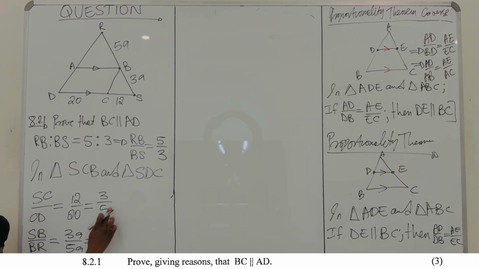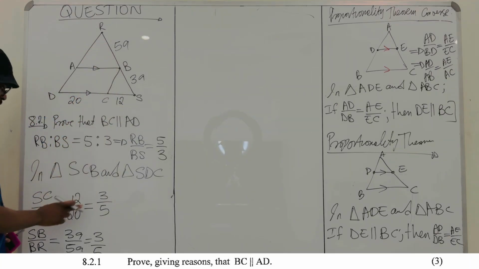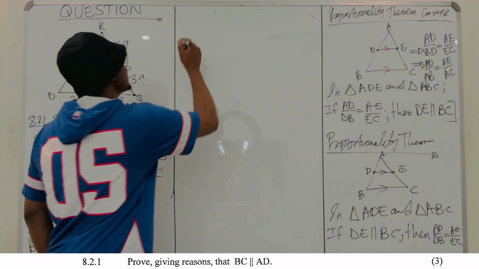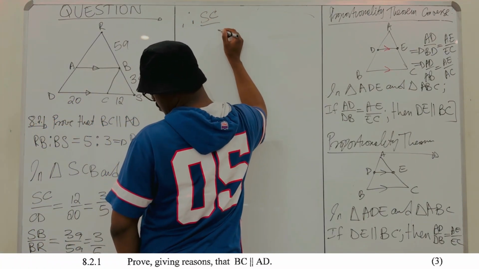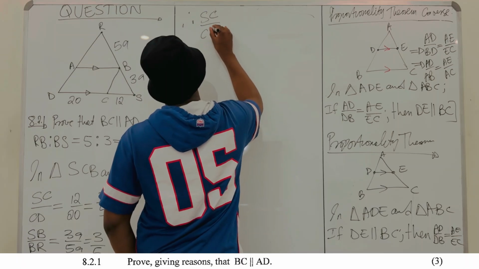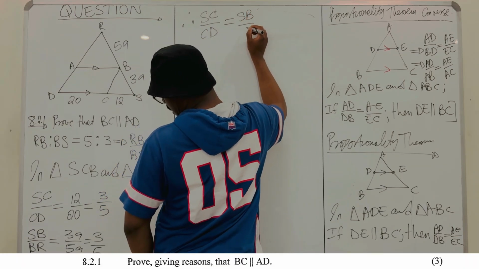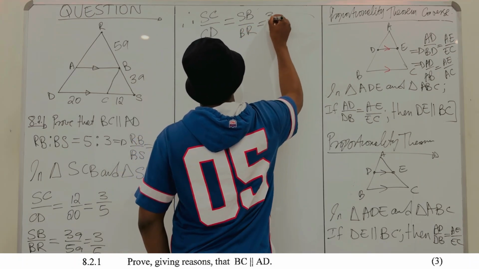You can see that these two ratios are equal, right? So this ratio is equal to this ratio. If there's a line that splits two sides at the same ratios, that line will be parallel to that side. So we'll say, therefore, SC over CD is equal to SB over BR. They're both equal to 3 over 5.